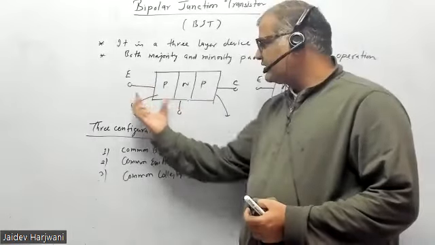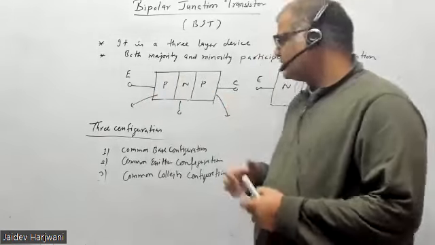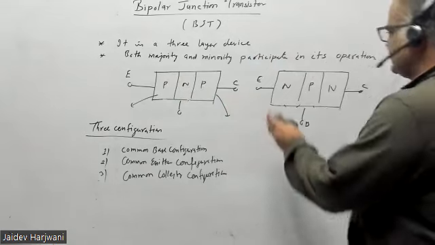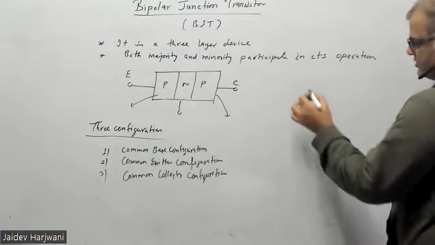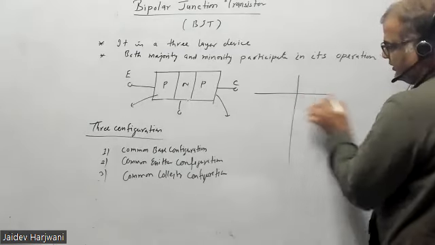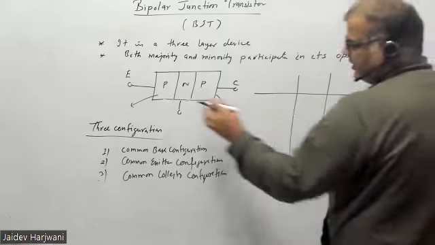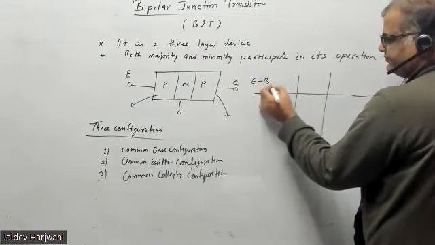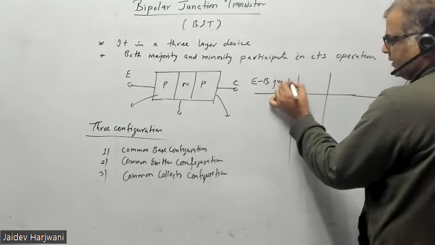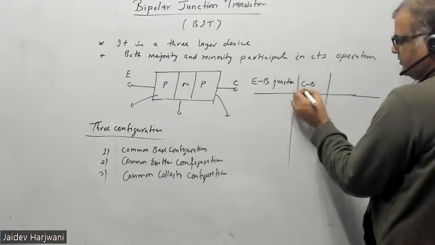With respect to this one, you will apply forward bias or reverse bias to the remaining. So basically your transistor now has two junctions, and this is the important point, please keep focus here. This is called the EB junction, and this is called the CB junction.